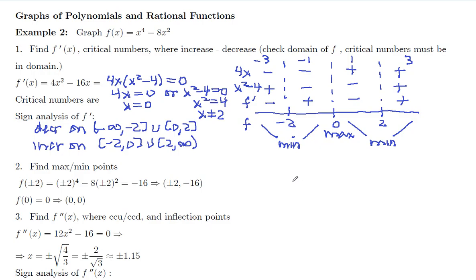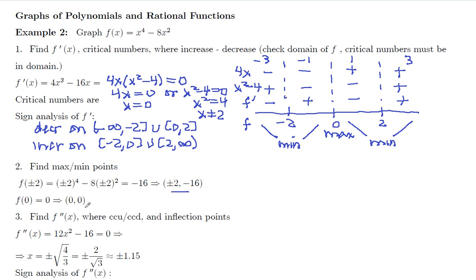So to find those min and max values, we want to plug into the original function. So plus or minus 2, I plugged into the original function here. So I get 2 to the 4th minus 8 times plus or minus 2 squared, which gives me a -16. So we'll have (2, -16) and (-2, -16). 0, if you plug into the function, you get 0 to the 4th minus 8 times 0 squared, which is 0.